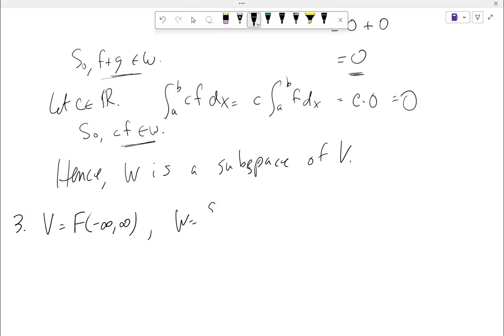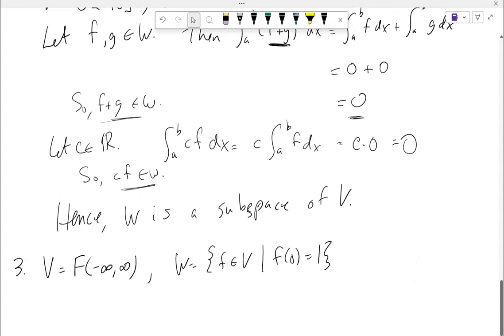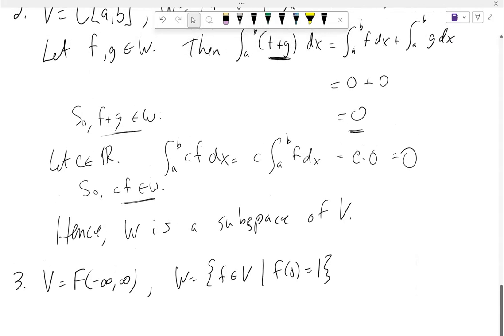W is the set of all functions f such that f of 0 is 1. Now notice in the previous example, the reason why the previous example worked was because when we split the integral up, I had 0 for both pieces, and 0 plus 0 was 0, right? Okay.